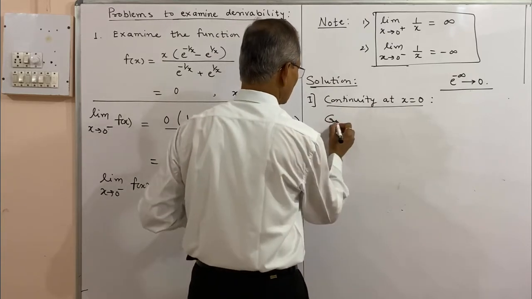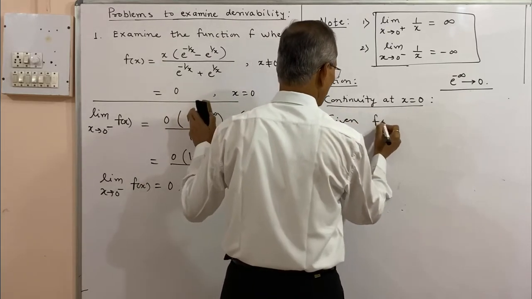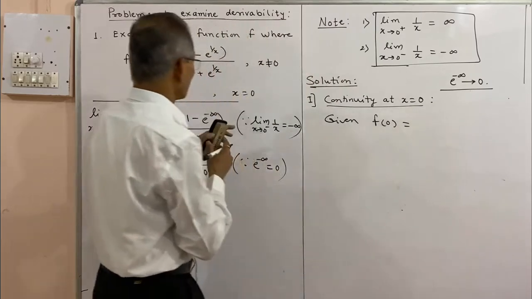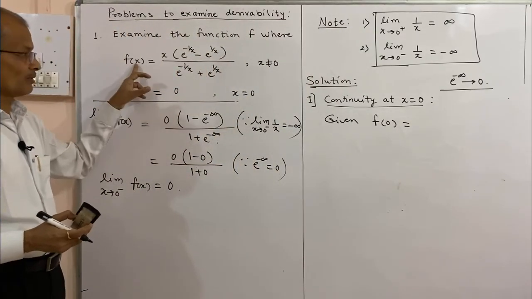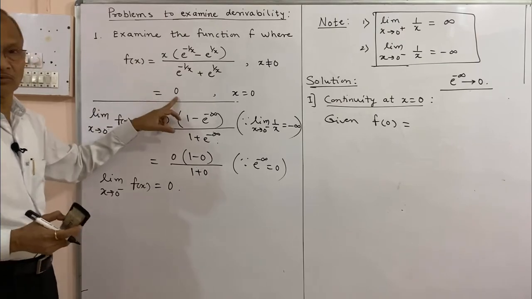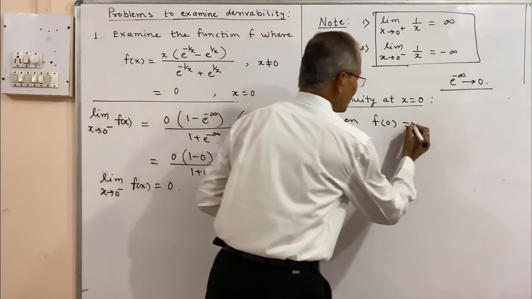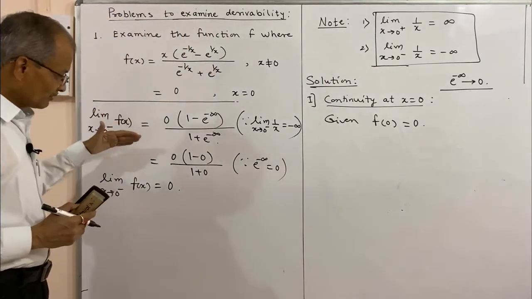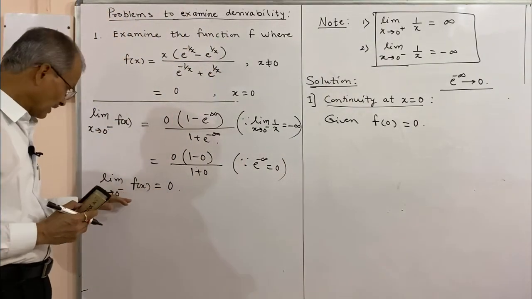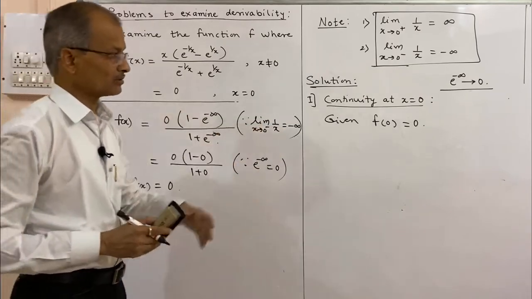So see the example. Given f of 0, when x is 0, fx is 0, means f of 0 is equal to 0. And thus the right hand limit we have obtained is 0, the left hand limit is 0, and the value is also 0.